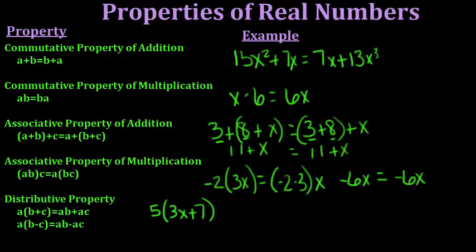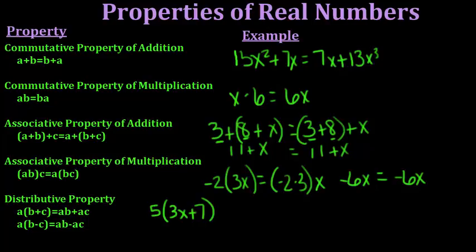So the distributive property is just that, distributing. So we know that when a number is outside the parentheses and it doesn't have a plus, like in the example for the associative property of addition, there is a plus sign in between that. So if there's nothing there, we know that's being multiplied.